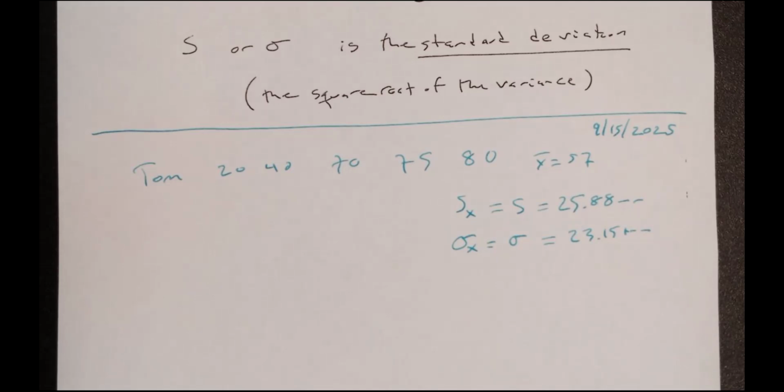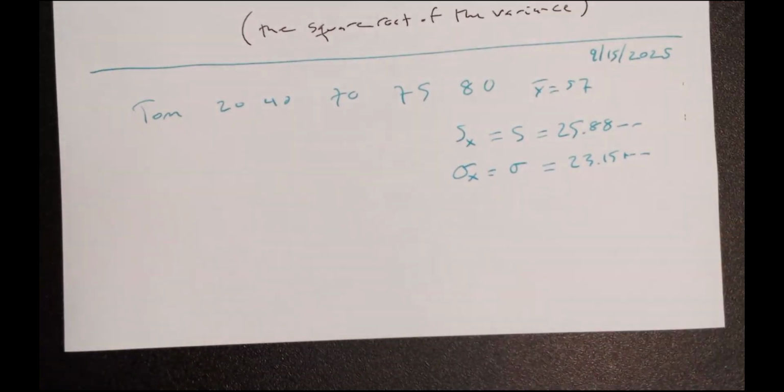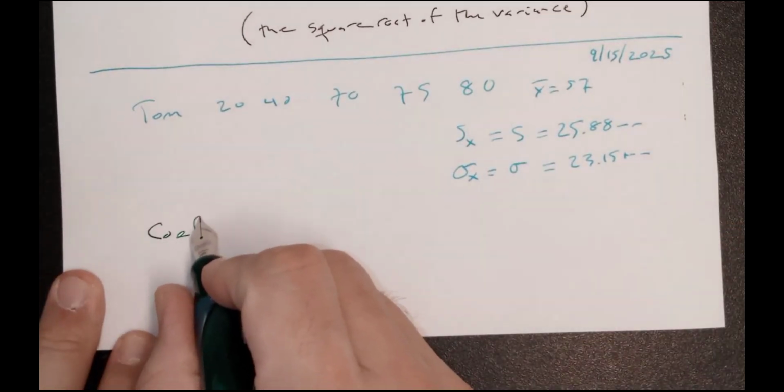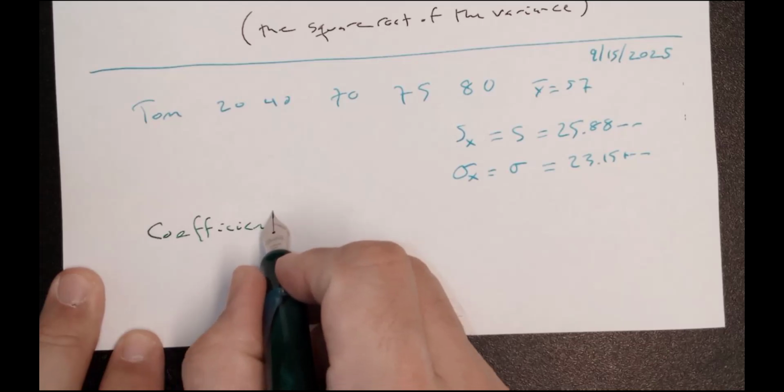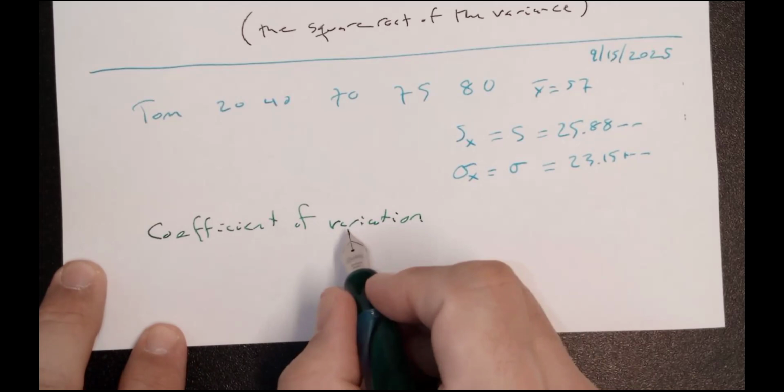How do I fix this? So I can compare across categories, we can create a slightly different measure of spread called the coefficient of variation.